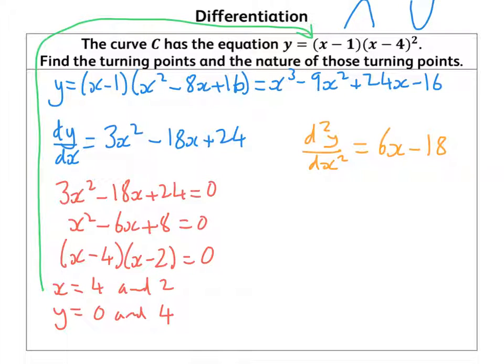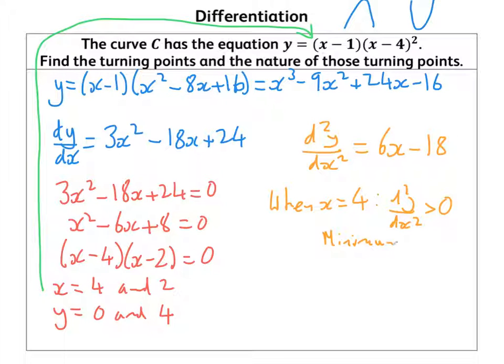Now then, when x is 4, 6 times 4 is 24, minus 18, so d2y/dx squared is greater than 0, so that means that is a minimum.